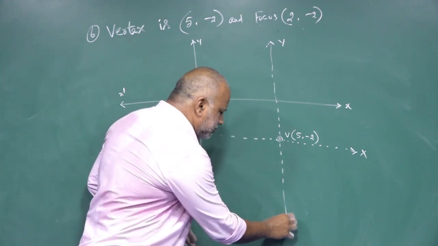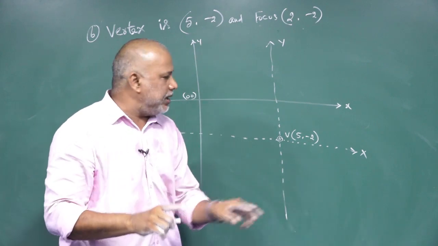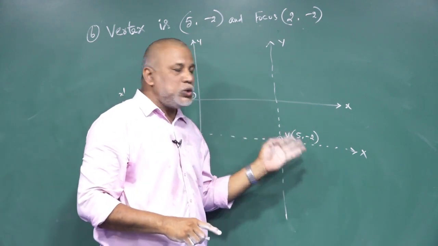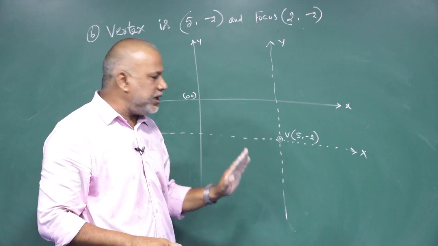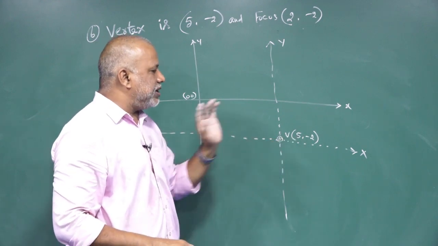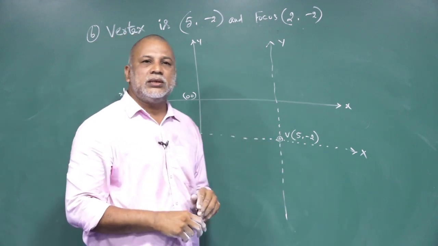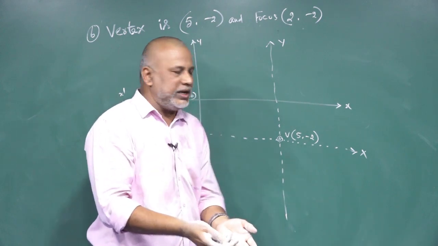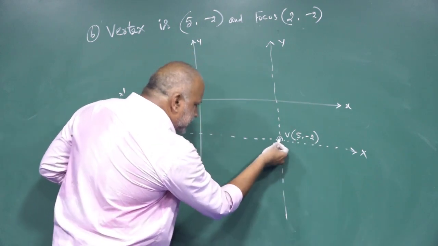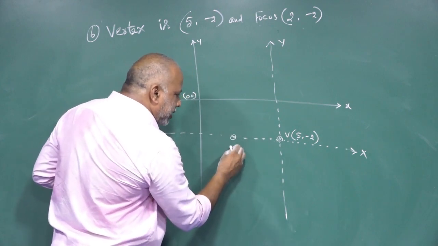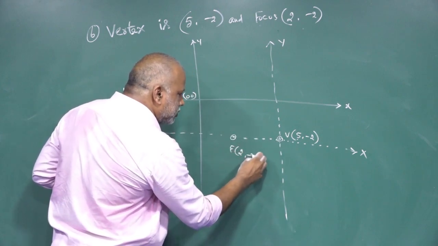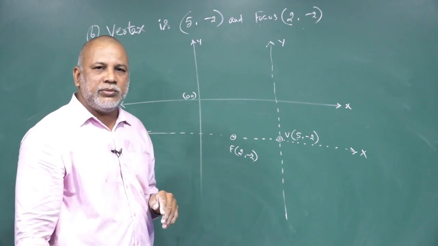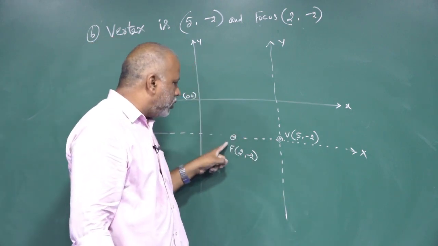Then immediately, if the vertex is shifting, we need capital X and capital Y parallel to small x and small y. This is the logic. Now see the focus, (2, minus 2). (2, minus 2) also lies in the 4th quadrant only. Just before (5, minus 2), we are able to plot (2, minus 2). Vertex, focus.